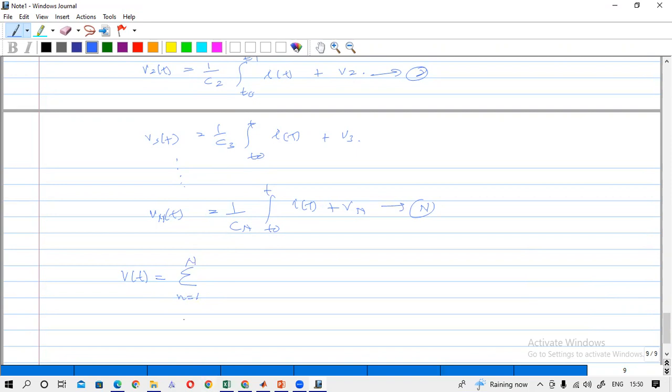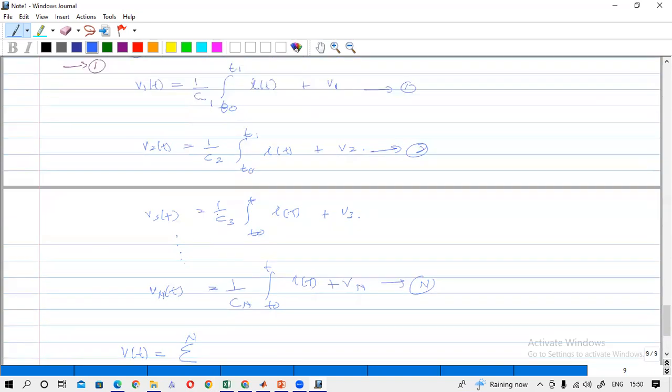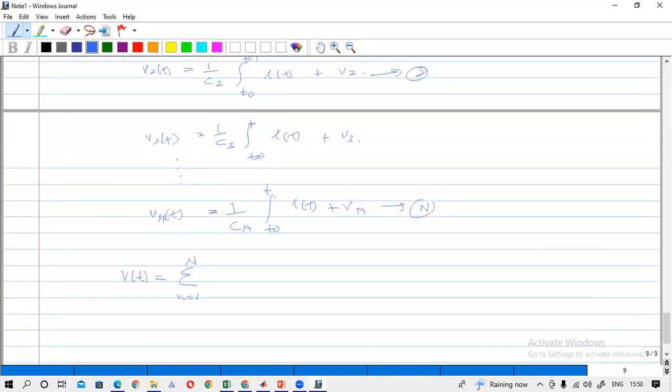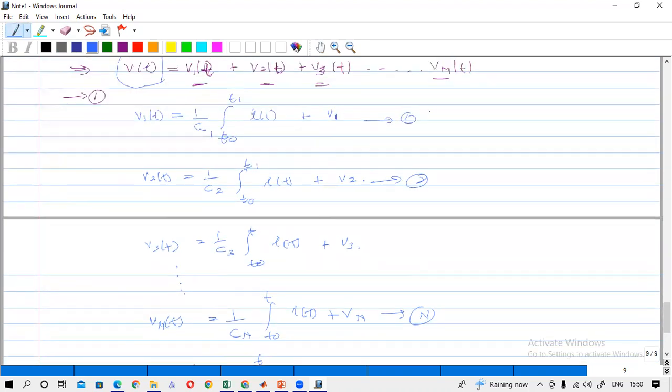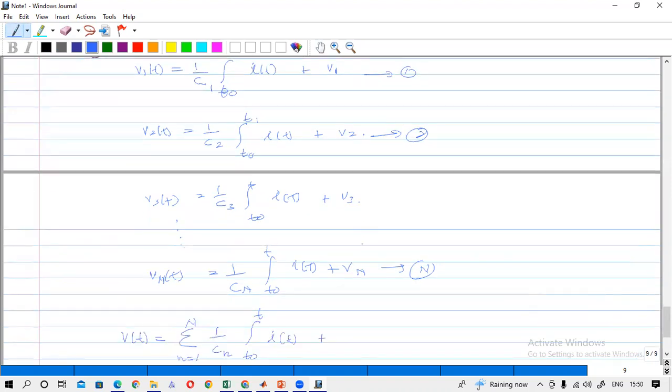Okay, so this is the sum from n equal to 1 to capital N, and I can write this as 1 by Cn, integral from t naught to t of i(t) dt, plus all these also add in, V1, V2, V3 up to Vn.